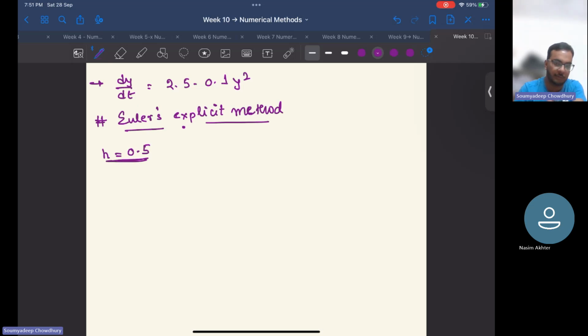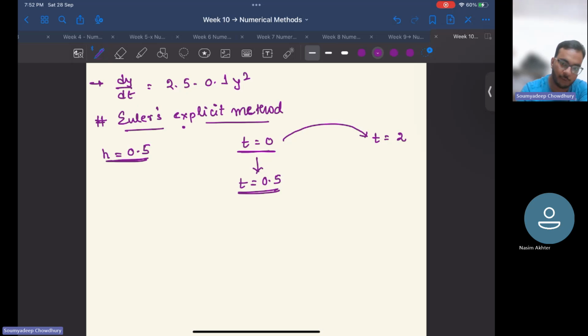So now you have to see this carefully. Your value at 0 is given to you and you have to find out the value of y at 2, right? So this is at t equal to 0 and this is at t equal to 2. Now h we have taken as 0.5. So first t equal to 0 is given. Next step we have to do at t equal to 0 plus 0.5.